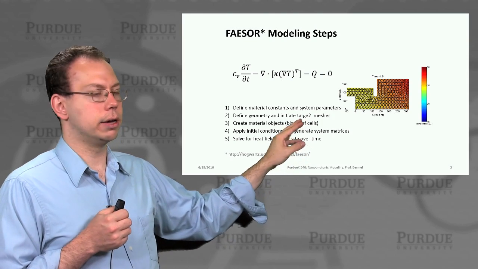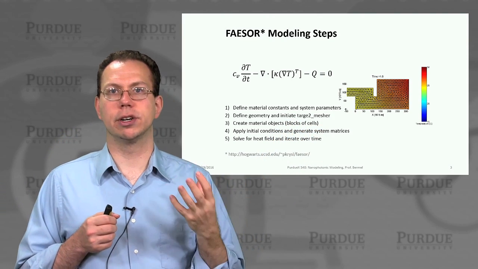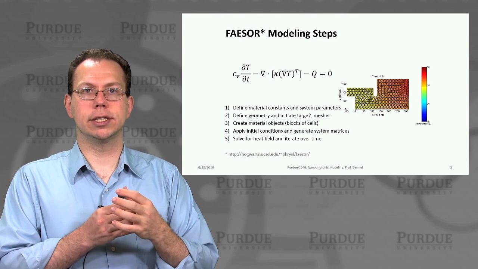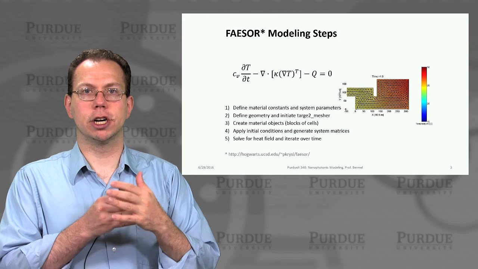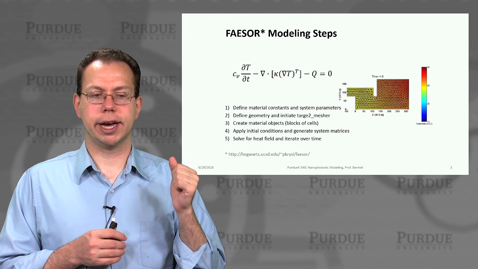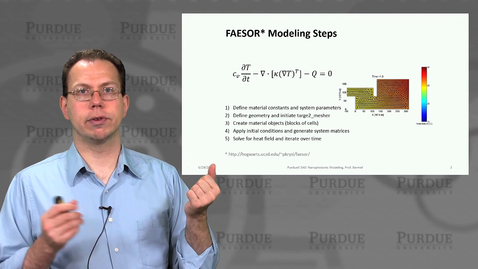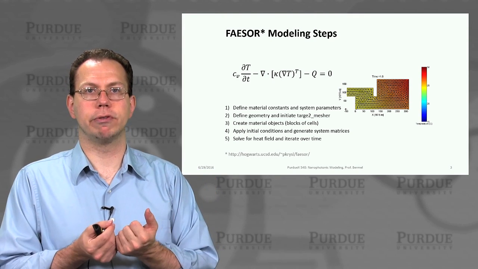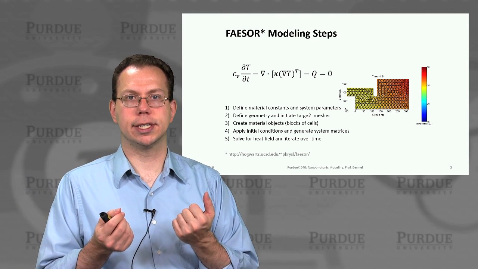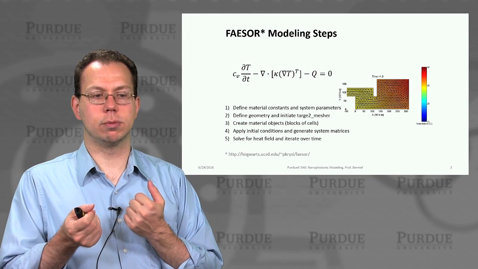And then we have to create the material objects or blocks of cells based on the material properties of the system so that we know all of these regions have copper and then all these regions have beryllium oxide and so on. And then fourth, we have to apply the initial conditions. Of course, whatever temperature the system is at before we do anything, and then create what we call the system matrices, which are associated with the solution of the problem in finite element method.